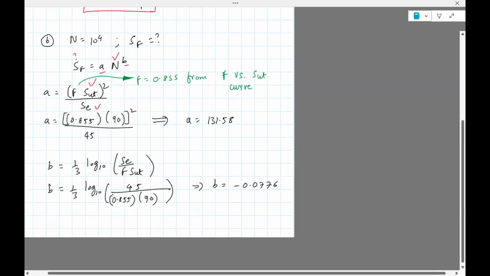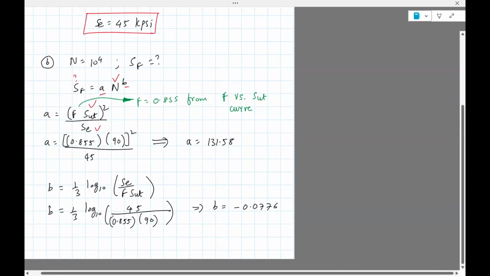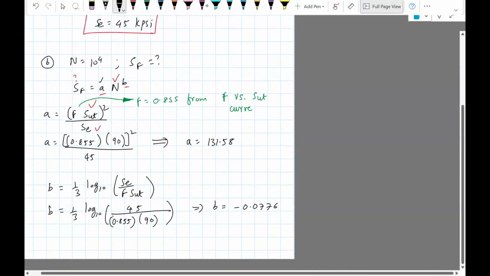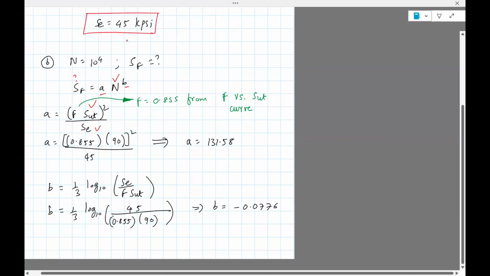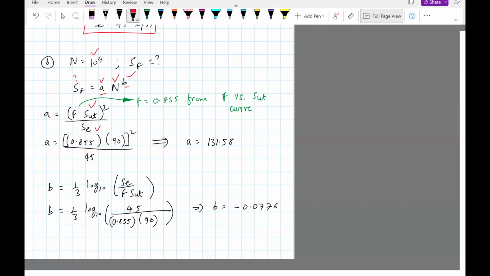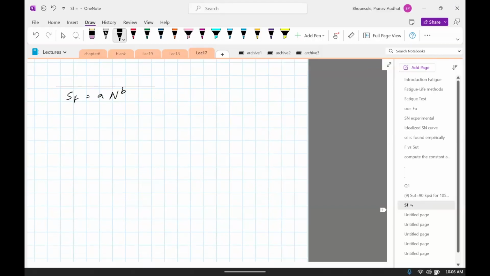So we've computed A and B, and we know what n is, so let's compute SF. SF is unknown.